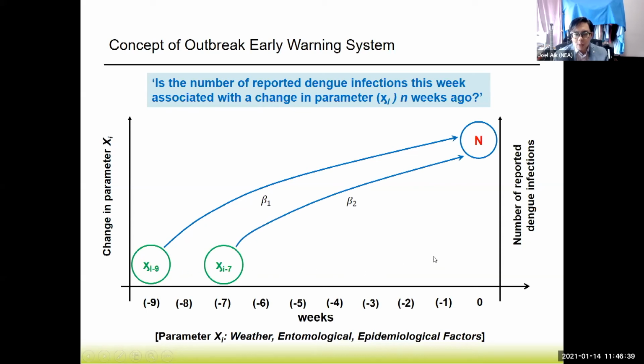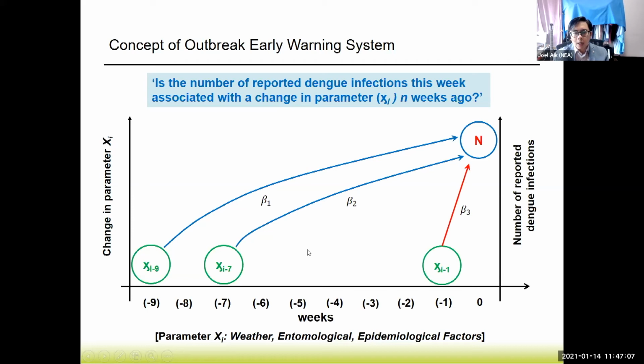In reality, what you would do is compute the relationships across all the weeks in order to determine what works best in terms of the early warning system. Of course, you could also compute the relationship between, say, a parameter last week and the number of infections this week. This is an important question.